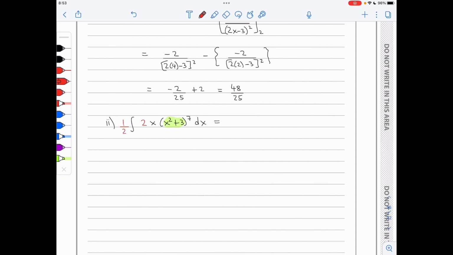And therefore, now that I've got 2x being the derivative of the bracket, the reverse chain rule simply says that we increase the power by 1 and we divide by the new power. So it's going to be (x squared plus 3) to the 8 over 8 plus c, which simplifies to (x squared plus 3) to the power of 8 over 16 plus c, because it's an indefinite integral.